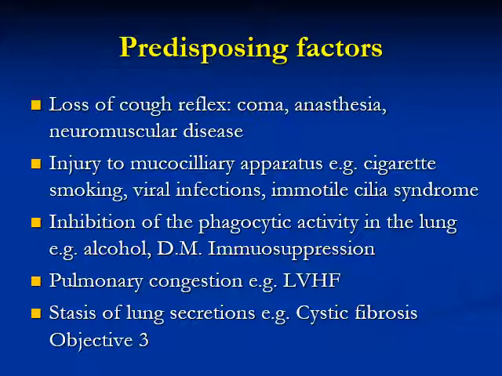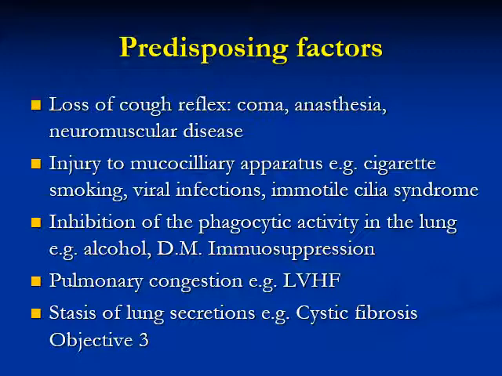Loss of the cough reflex occurs, for example, when the patient is comatose due to any cause: drug poisoning, alcohol poisoning, after CVA, or coma after other metabolic conditions. So when the patient is comatose, there is loss of the cough reflex and inhalation of oropharyngeal secretion may lead to pneumonia. Also a patient under anesthesia becomes comatose because of the drug, with loss of the cough reflex.